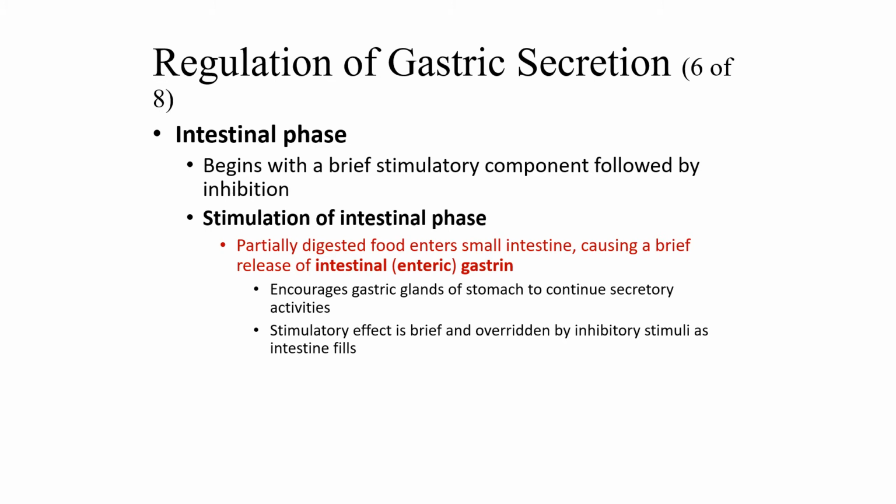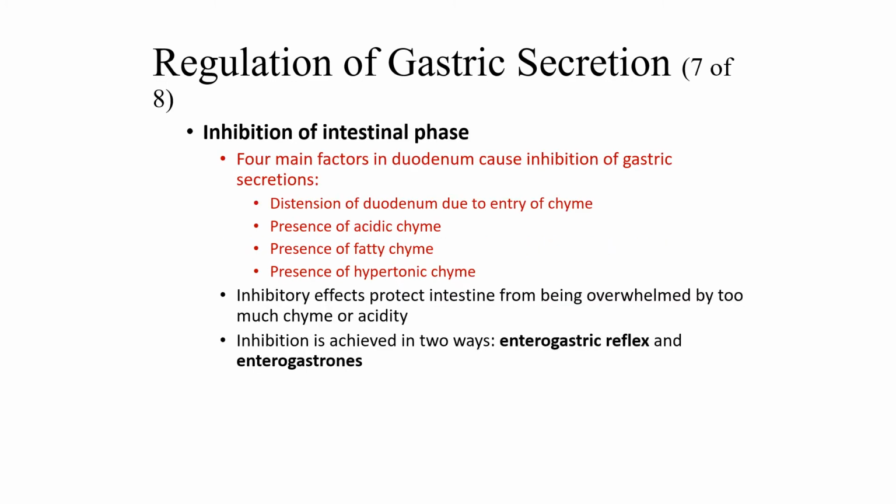Isn't that cool the way God made that? So what is going to inhibit the intestinal phase? 1, distension of the duodenum. 2, the presence of acidic chyme coming in from the stomach. 3, the presence of fatty chyme. Fatty, remember, only about 15% of lipids are going to be digested in the stomach.